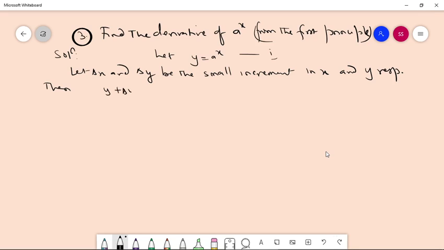Then y plus del y equal a to the power x plus del x. This is second equation. Then second equation minus first equation, del y equal a to the power x plus del x minus a to the power x. Similarly, a to the power x is common, a to the power del x minus 1.